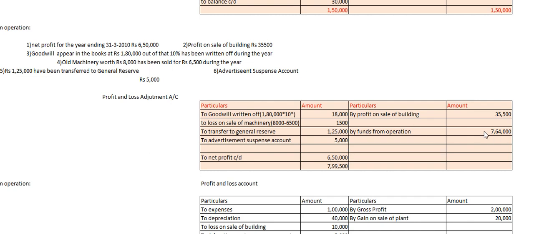So your funds from operation is 7,64,000. So therefore your total is equal to $7,99,500.